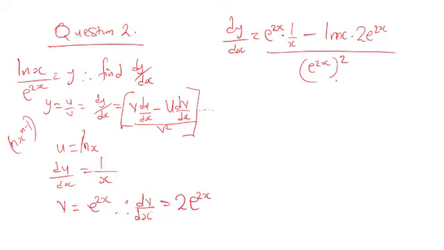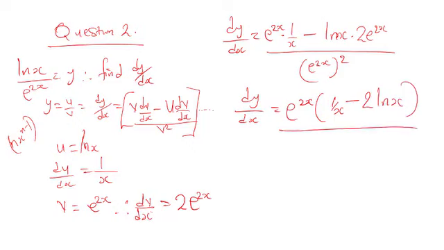So I think we are gradually progressing. With this, what's common between this and this is e raised to power 2x. So dy/dx becomes e^(2x) in bracket 1 over x minus 2 ln x all over e raised to power 2x. 2 times 2 here is 4, becomes e raised to power 4x.